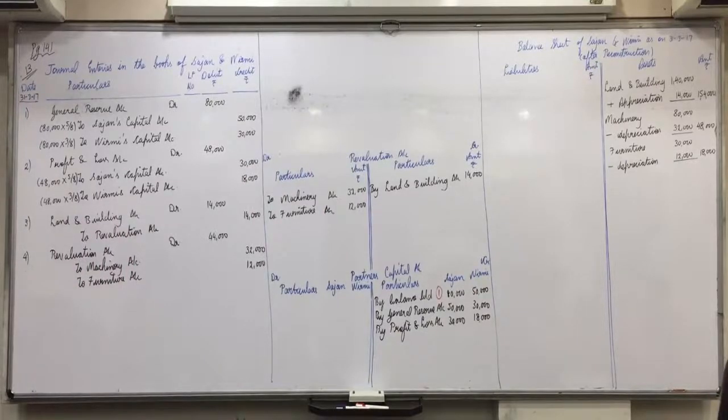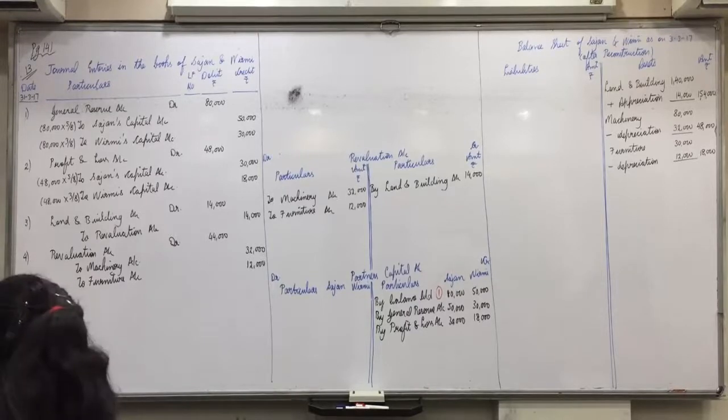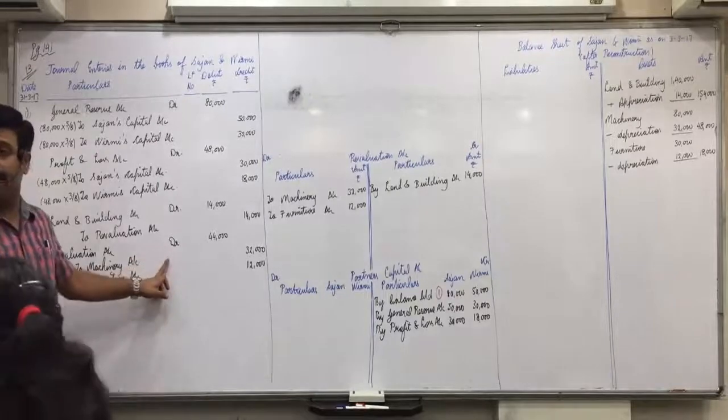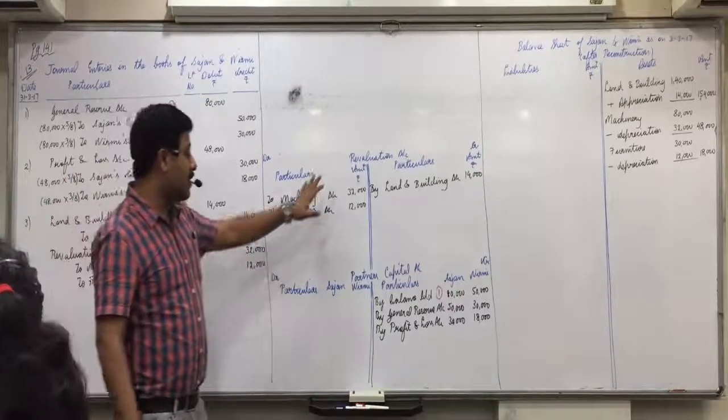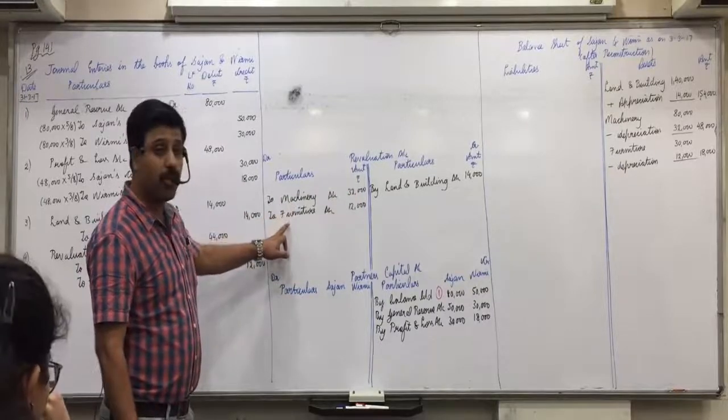I repeat it once again, be attentive. Revaluation account debit. So in revaluation we will write on the debit side both the opposite accounts, to machinery and to furniture.